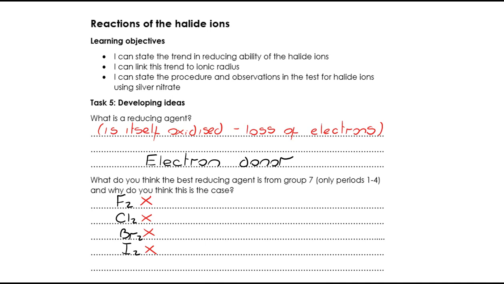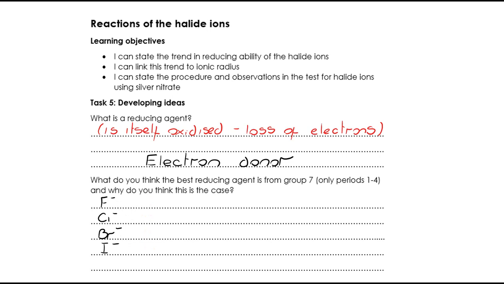Halogens are oxidizing agents. If we are talking about the best reducing agent in Group 7, we need to talk about the halide ions. Because the halide ions are the things that can be oxidized. They are the things that can lose electrons to go back to their atomic form.